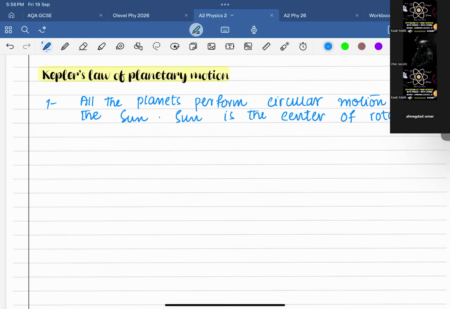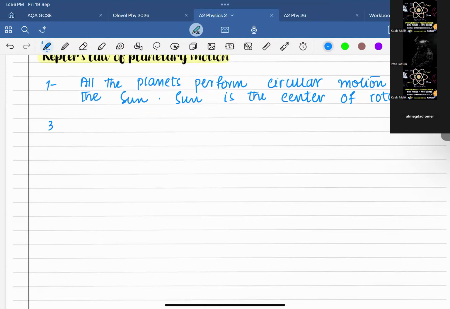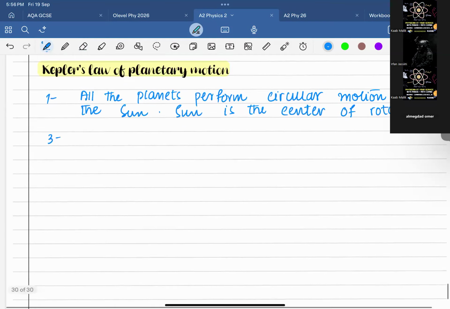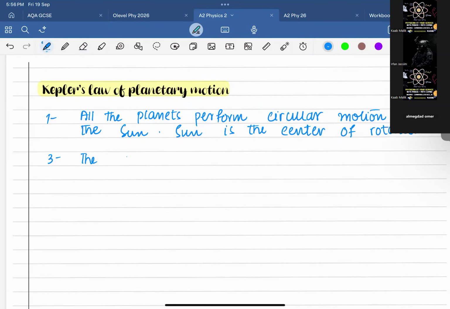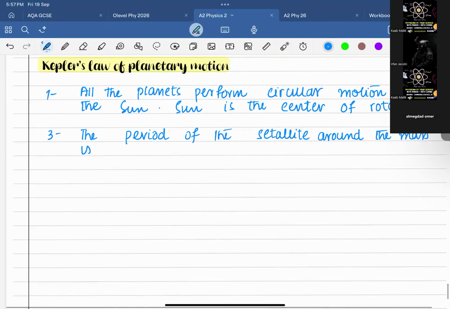And talking about the third rule, it basically says that the period of the satellite around the mass is given by T squared is k times r cubed.